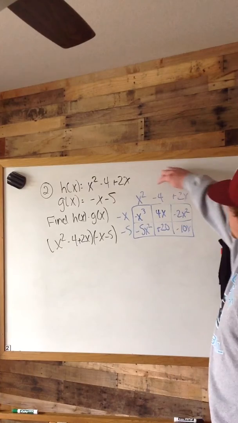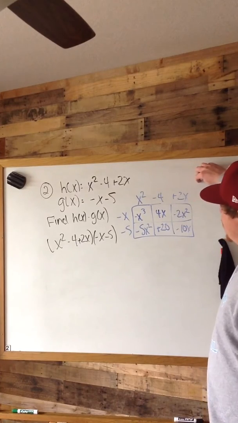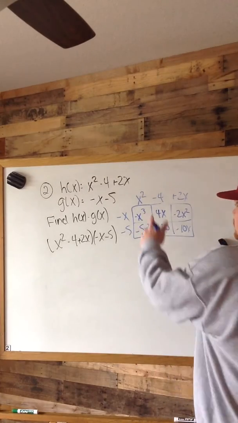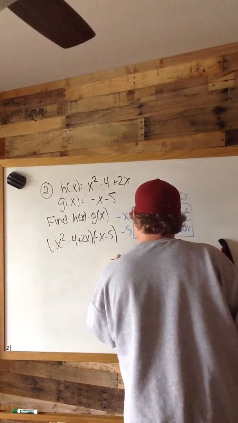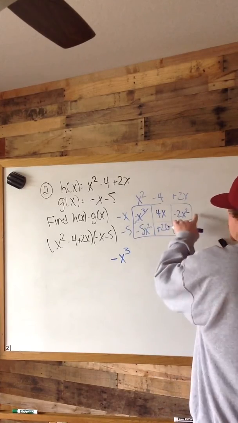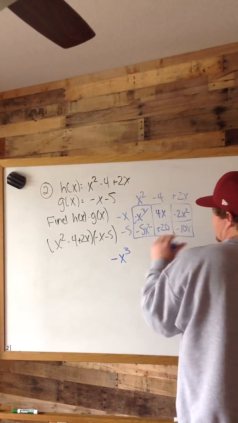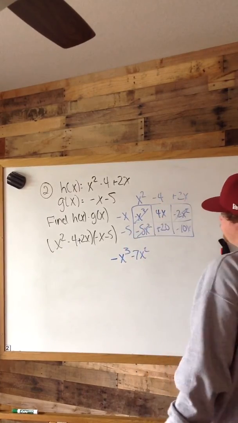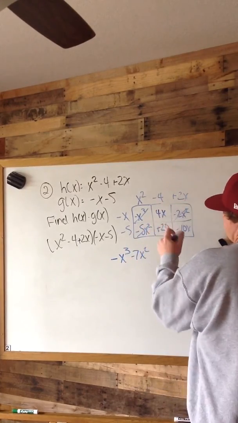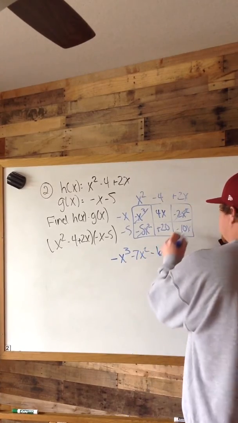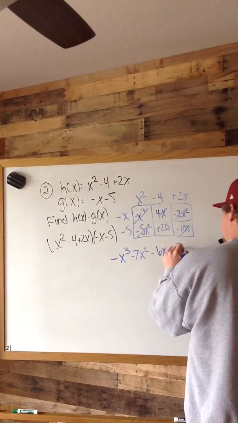Now, considering this wasn't in descending order, these aren't necessarily going to line up as far as combining like terms, but just take what we know up here. We have negative x cubed, mark it off, we've already combined it. My squares, negative 5x squared minus 2x squared gives me negative 7x squared. 4x minus 10x gives me negative 6x plus 20.